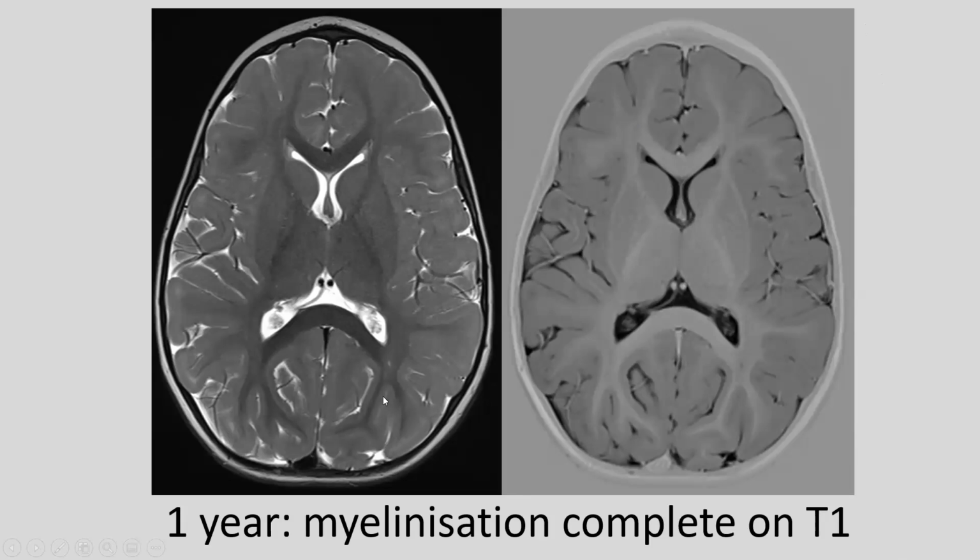It might be subtle, but compare, for instance, the signal of the subcortical occipital white matter with the subcortical and deep white matter in the frontal lobes. There is still a clear difference that is, to a lesser extent, present on T1 weighted images.